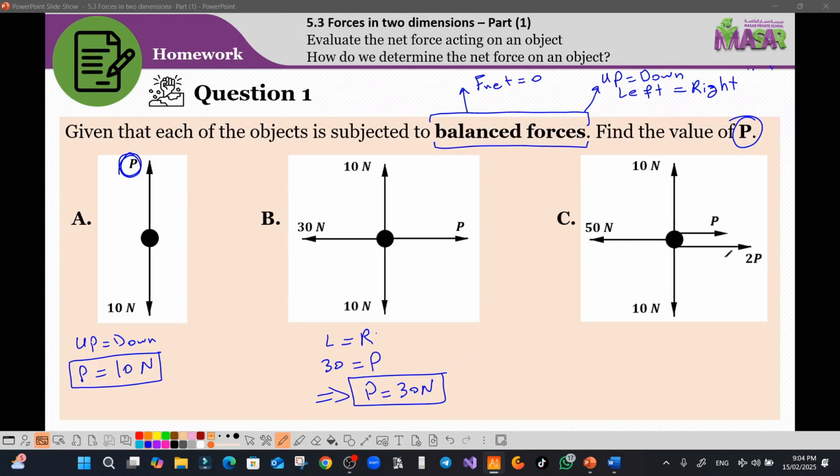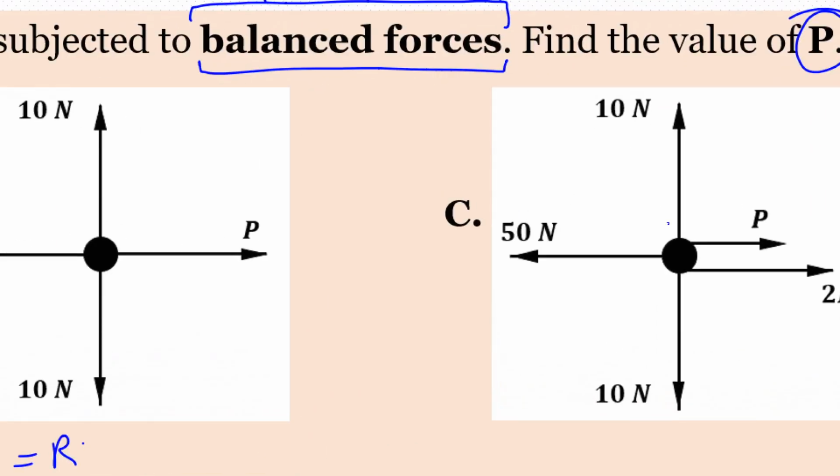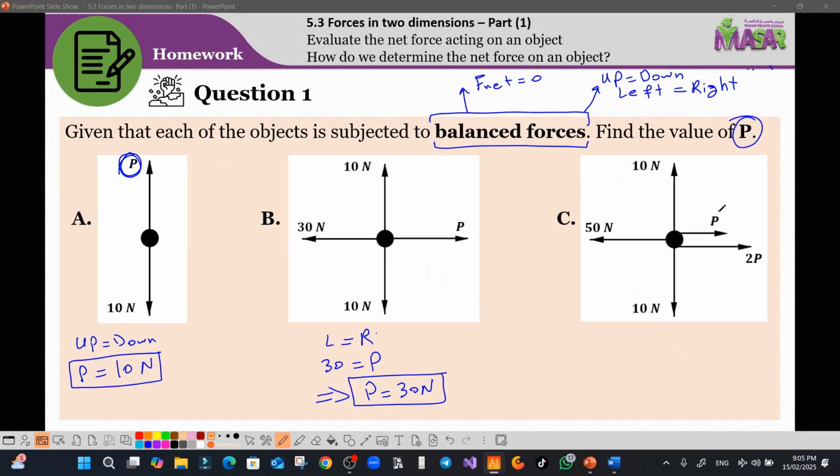Here again, we need to know the identity of P to make the condition valid in question C. We can notice that they are balanced vertically, 10 up, 10 down. Now, what will be the value of P to make the forces balanced horizontally? We're going to write the condition along the horizontal, which means I will write left equal right. On the left, we have 50.